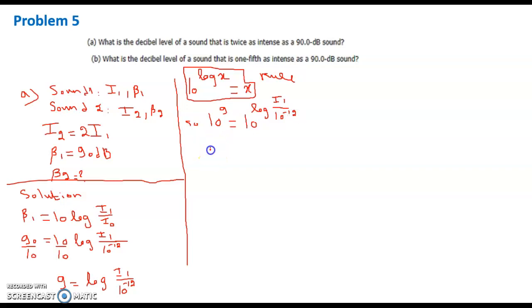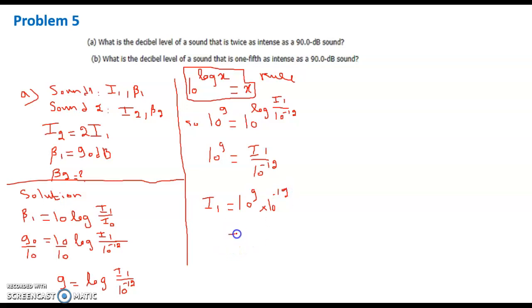Since 10 to the power log x is x, this is I1 over 10 power minus 12. Then I1, doing cross multiplication, is 10 power 9 times 10 power minus 12 watt per meter squared.